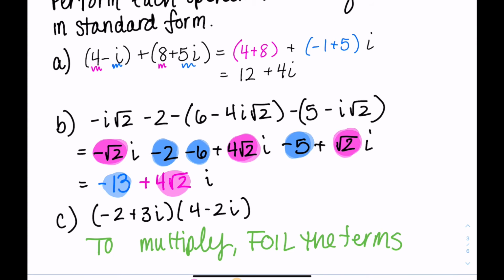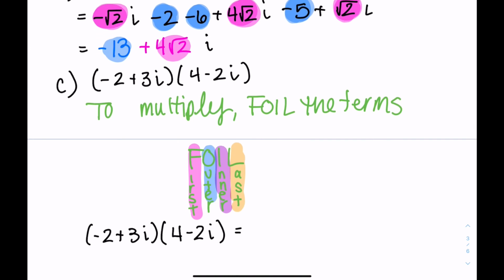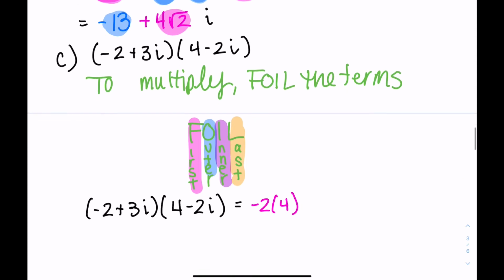Now, if we want to multiply two complex numbers, remember the way you multiply two binomials is by FOILing out those terms. FOILing deals with the first, outer, inner, and last. So I want to look at the first terms. That's negative 2 and positive 4, and we're going to multiply those together.